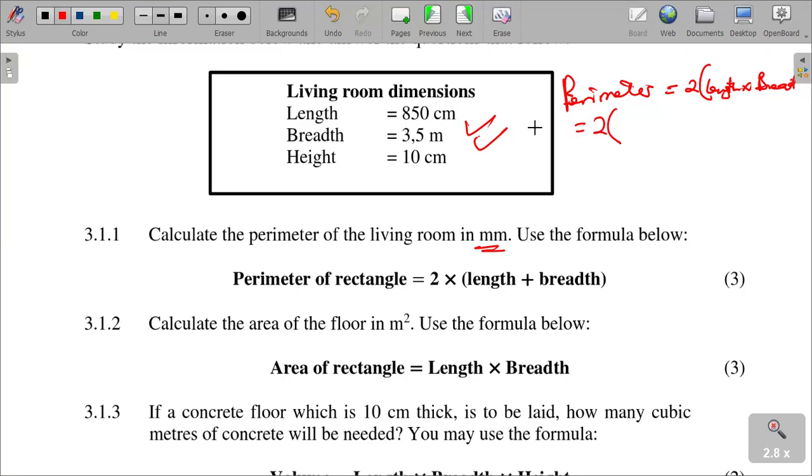we change 850 centimeters to millimeters, which is 8,500 millimeters plus 3,500 millimeters, which gives us 12,000 millimeters.